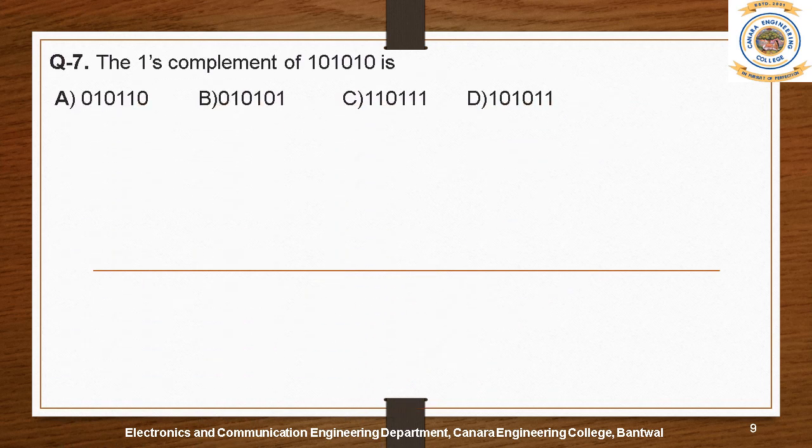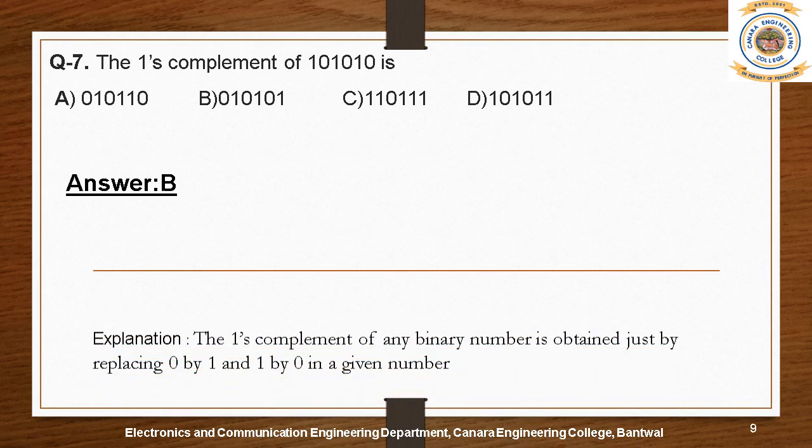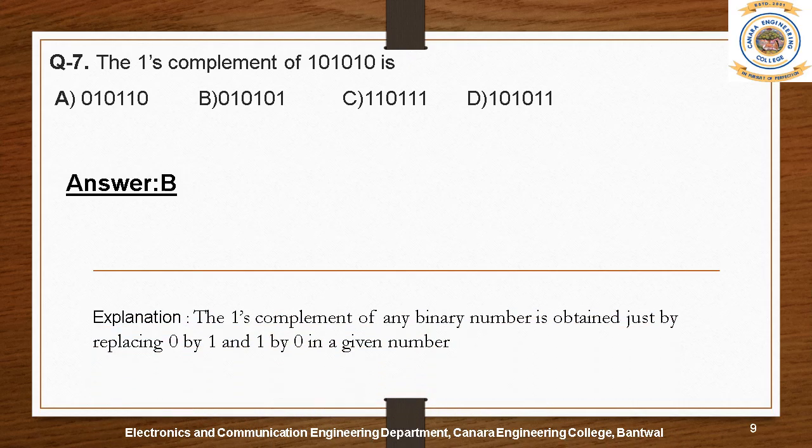Next question. What is the ones complement of 100 101010? The ones complement is found simply by converting wherever there is 1 to 0, and wherever there is 0 to 1.